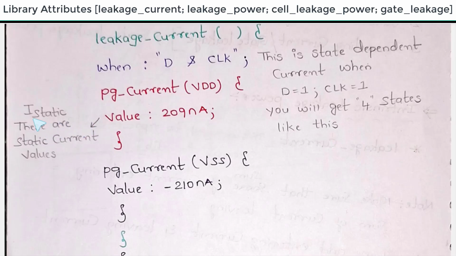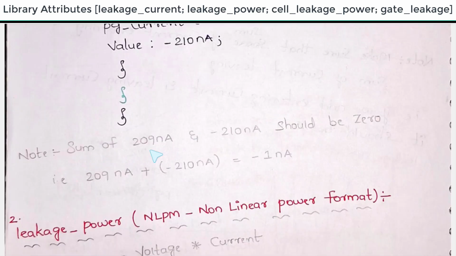Here this value is I static. These are static current values, which come with the attribute called leakage_current. Generally if you add 209 nanoamperes and minus 210 nanoamperes, it should become 0. But it is not coming as 0. Why? Because there will be some amount of fluctuations happening within the circuit.